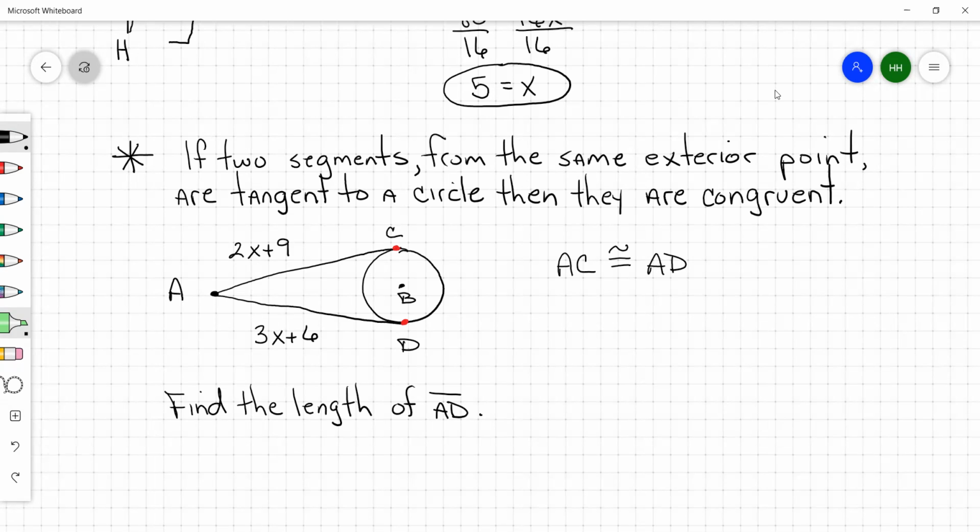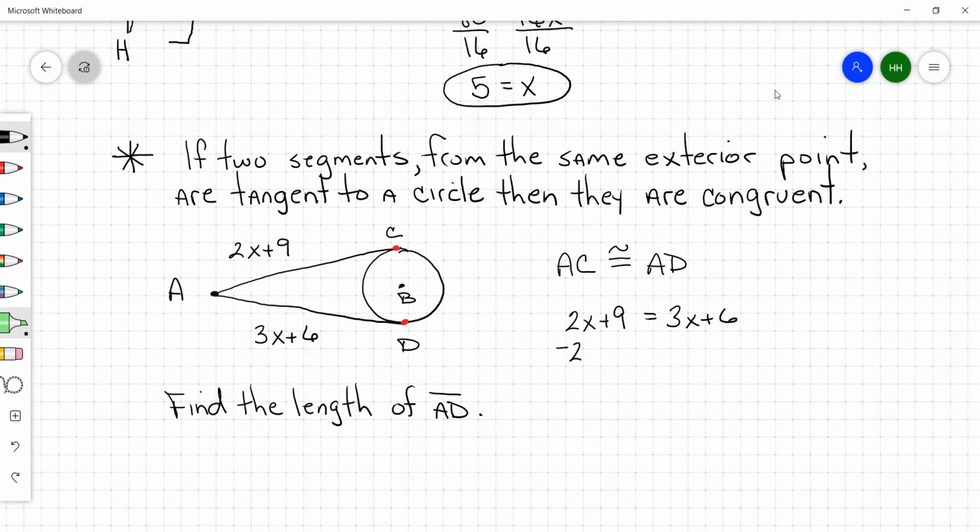So you see this diagram, you look at your rule, the two segments are tangent to the same circle, they originate from the same point, they're congruent to each other. We make our 2x plus 9 equal to our 3x plus 6. All right, we solve for x, then we substitute.